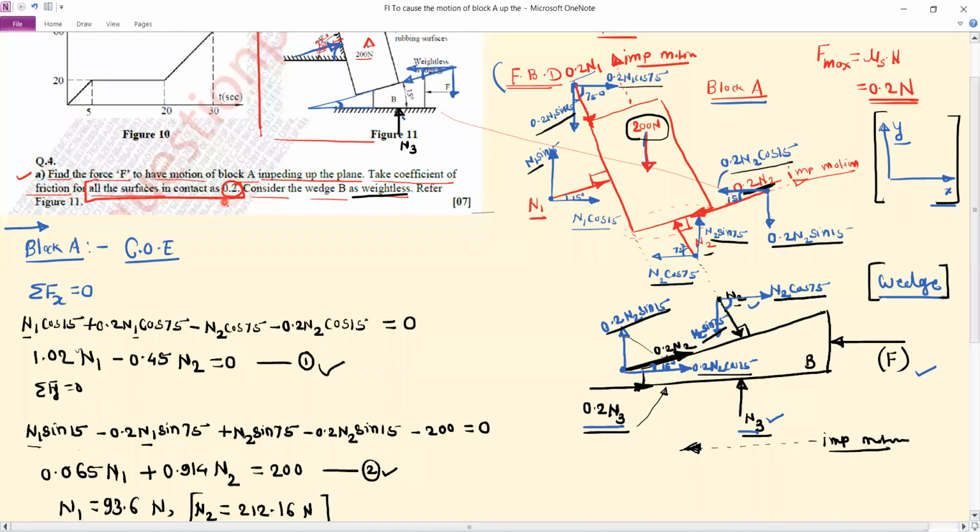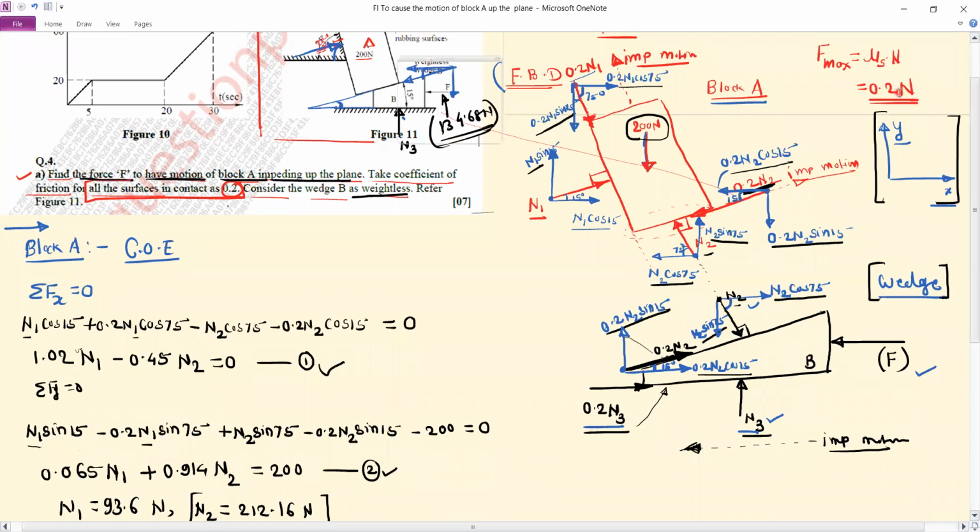So the question was, find the force F to have the motion of the block A impending up the plane. So if you apply the force, which is equal to 134.68 Newton, then the given system will be on the verge of motion, and the motion will be impending up the plane. So this is your final answer.